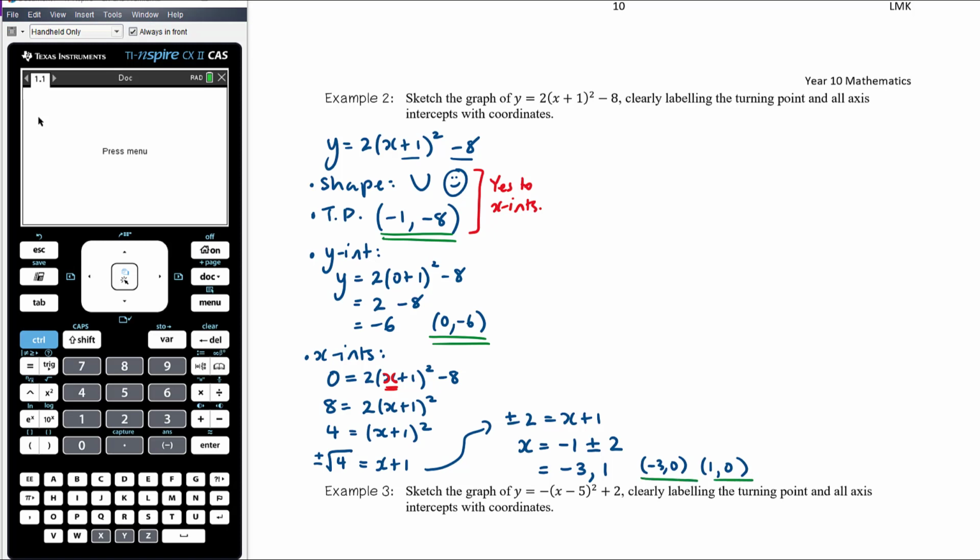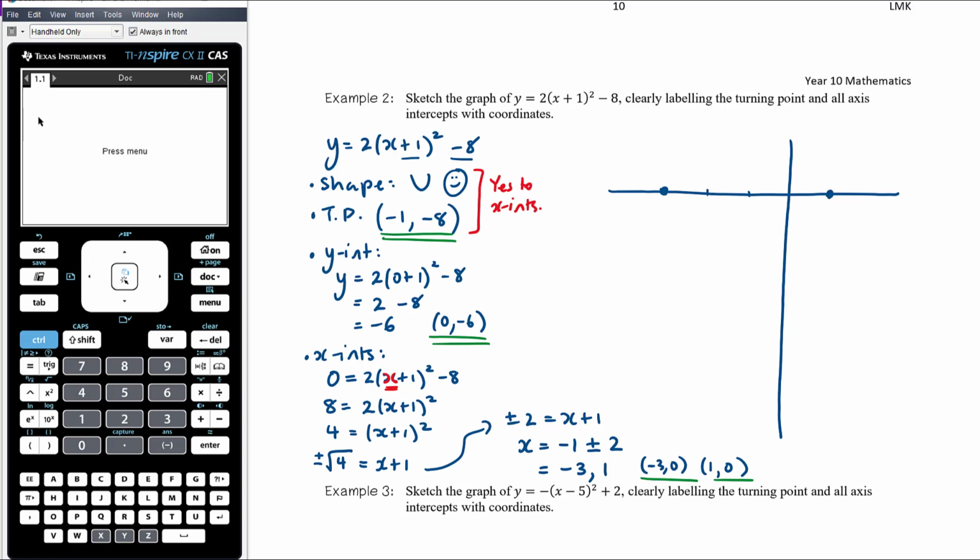So we want to think about that information, think about how to draw your axes to fit all that information on. Okay, so I've got quite big negative turning point and y-intercept. Both positive and negative x-intercepts. So we might want to think about, we have 1, negative 2, negative 3. So you do want even spacing between your intercepts.